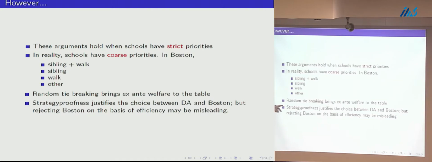Now, strategy-proofness, yes. Just a little curious about how strong is the sibling priority. Like if a family has multiple children, they have higher chances for all these children to go to better schools. Would that affect their decisions on adopting more children?